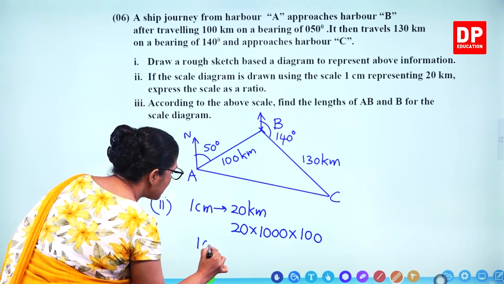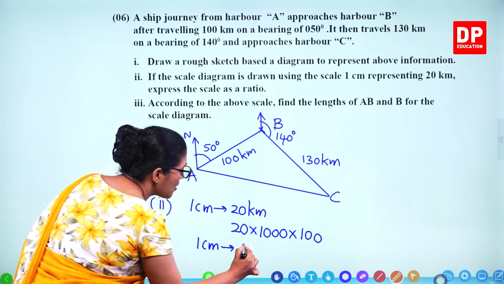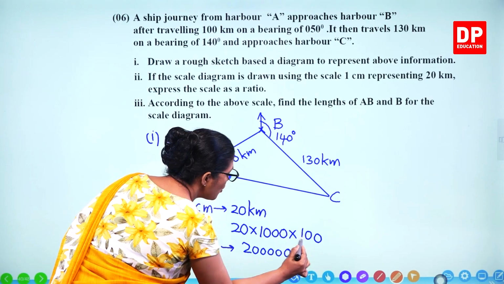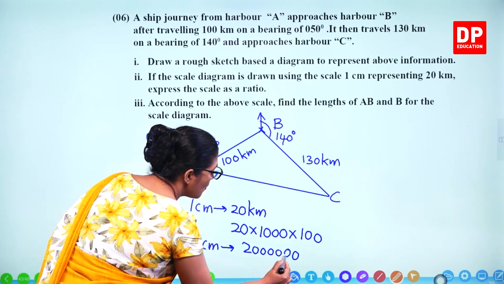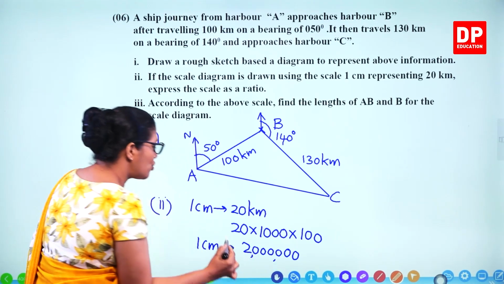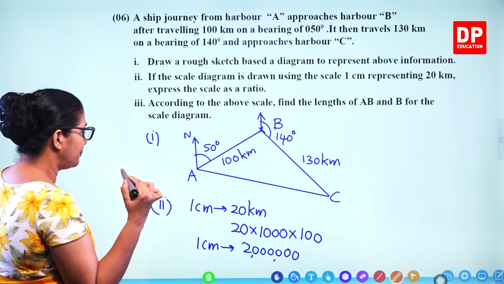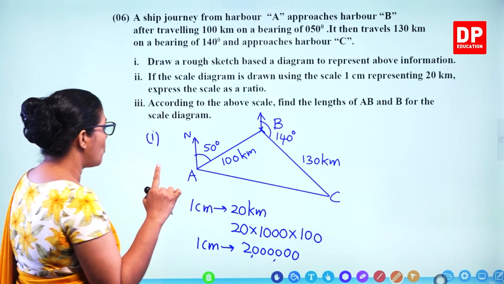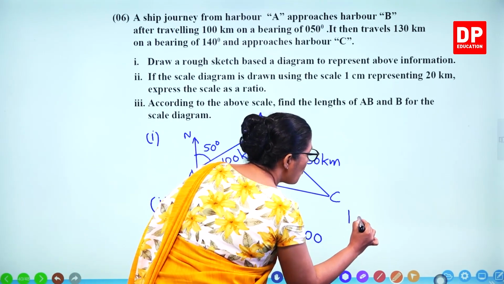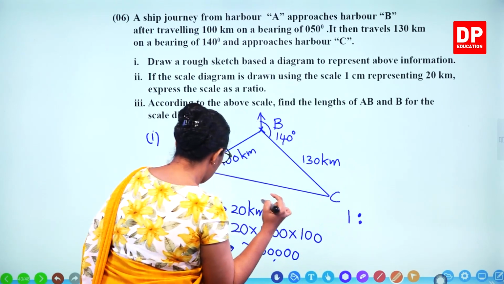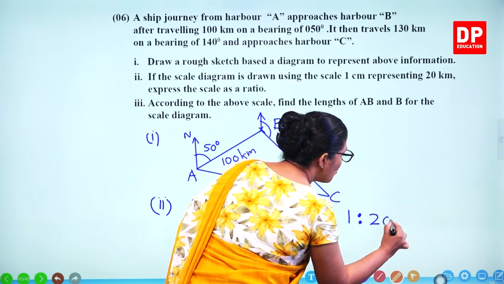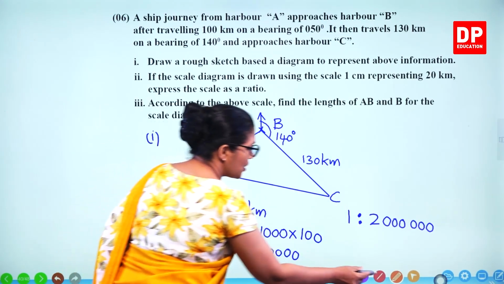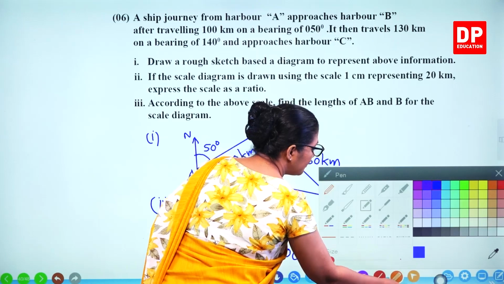So 1 centimeter represents 2 million. 2 million is the answer. So what's the scale? How do you write it? With the ratio sign, colon, 1 to 2 million is the scale used. That's the second part.